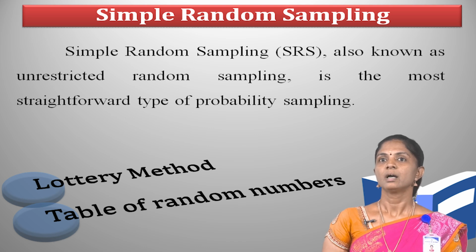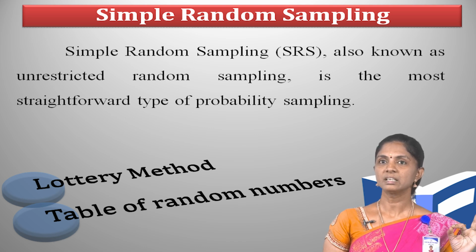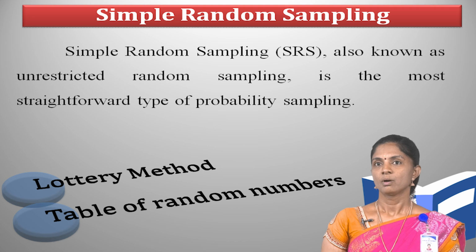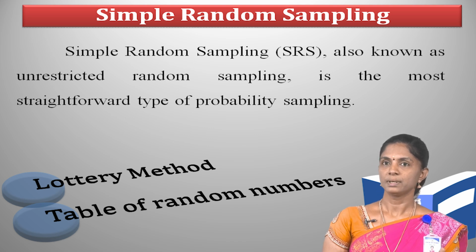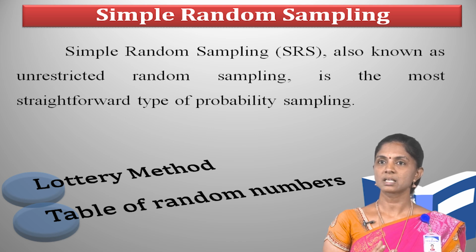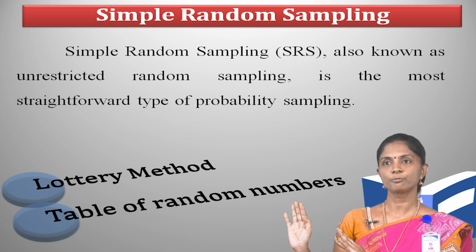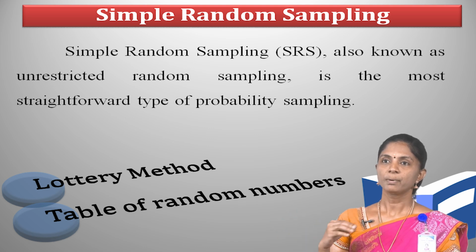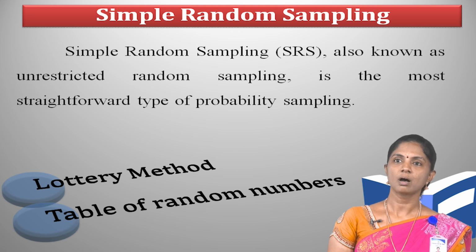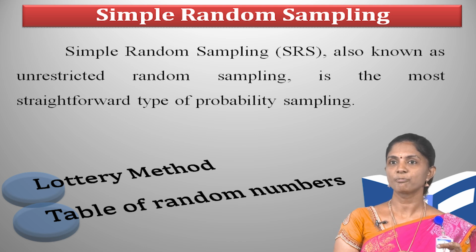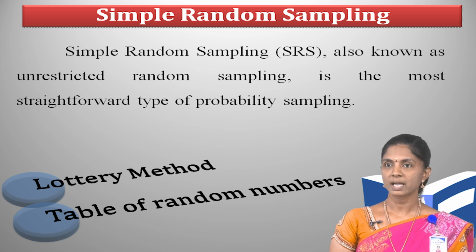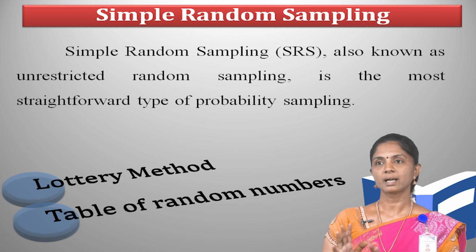Lottery method, the procedure can be easily described. Consider an example. Let a sample size of 25 be required from a population of 200. Prepare 200 cards or pieces of paper, of the same size and color.